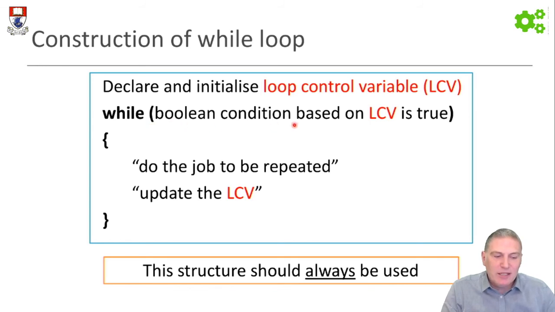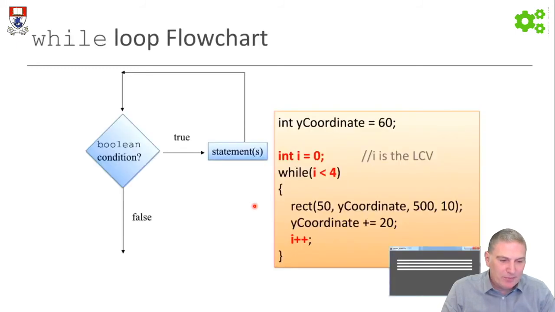Inside we have a Boolean condition, and the condition is based on, or will include, the loop control variable. Then what's the job you want to repeat? You'd have that inside, and then the last statement in the body of the loop will be to change the loop control variable in some way. Usually that's adding a value, incrementing or decrementing. So this is the structure for a while loop.